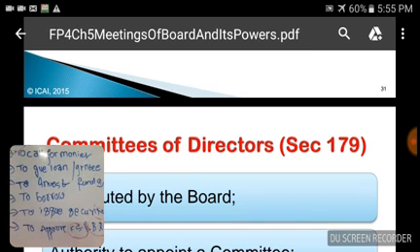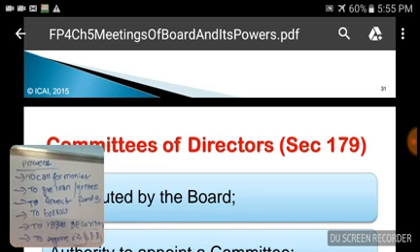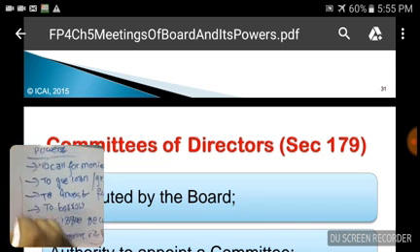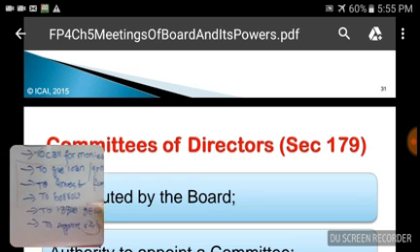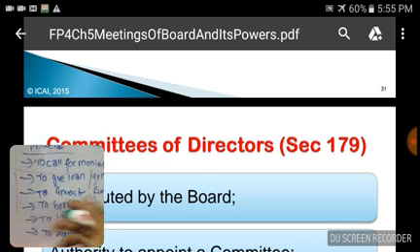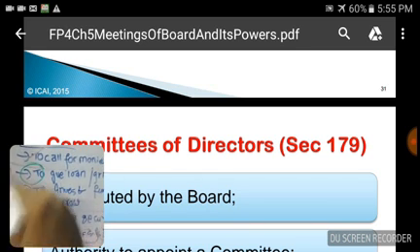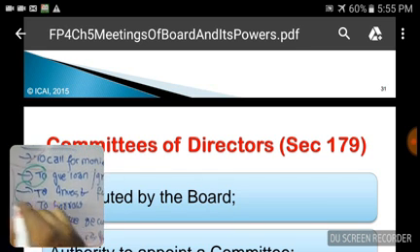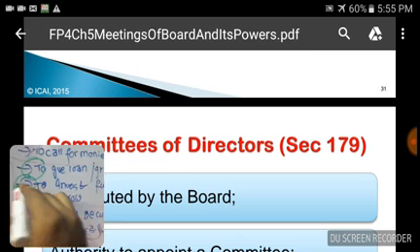Participation by the directors in meetings through electronic mode. As I already said, for the purpose of counting the quorum, the director can be present physically, or if he has participated through video conference also, he can be counted for the purpose of the quorum.